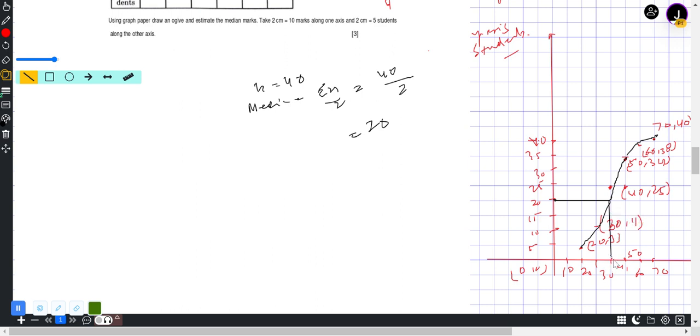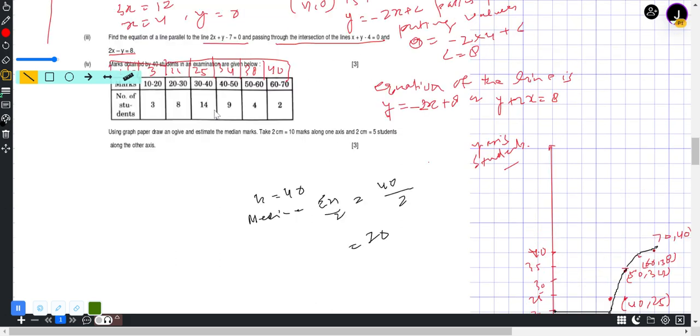This looks to be 35. So on the x-axis we get 35. That is the median mark. 35 is the answer.